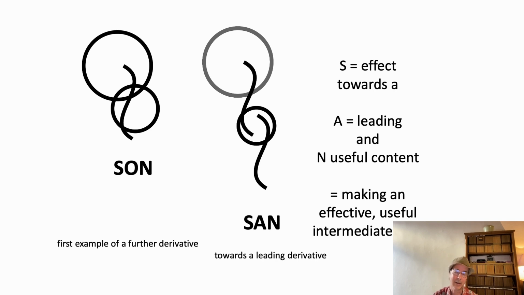With the letter A, it will focus on a new center with its own center point of vision. So after the effect S, it will lead to a leading and useful content, the A followed by the N, and this makes it a very effective and useful intermediate, so you can see the effect that goes into the center, and this same effect goes further into a result.